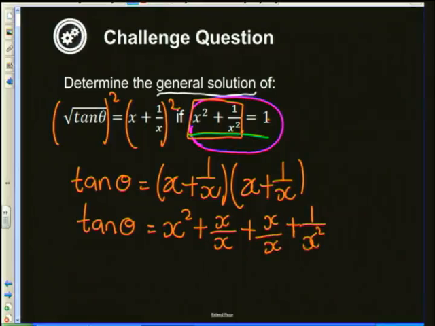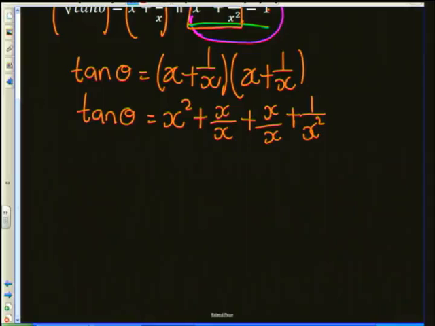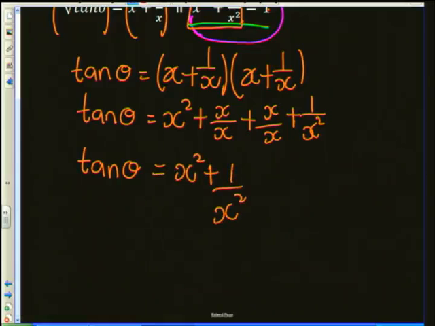Right. I can already see the x squared plus 1 over x squared. All right, so it means that tan theta, okay, if we change the order of these terms, we have x squared, and if I write that last term second, it's 1 over x squared, and I'm now left with these two. It's going to be 1 and another 1.